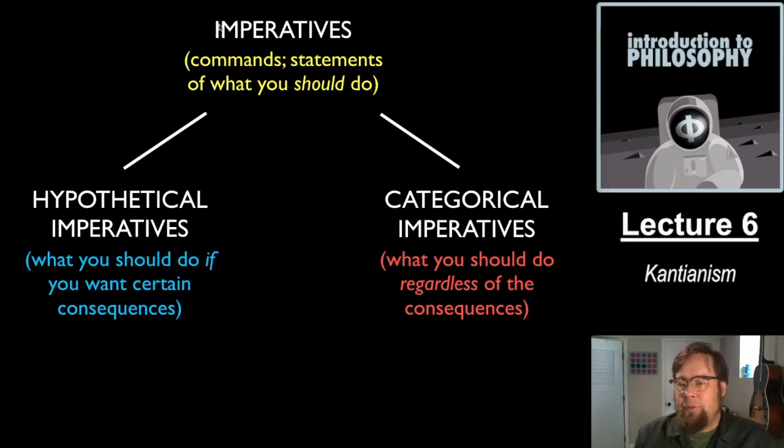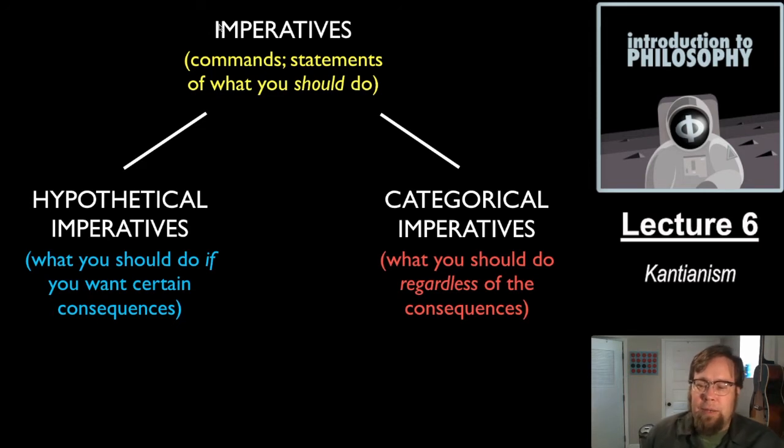And we can put this in terms of statements or sentences. In language, there's two different kinds of sentences: declarative sentences and imperative sentences. Actually, there's three kinds of sentences. There's also interrogatives. Interrogatives are questions, declaratives are statements, and imperatives are commands.